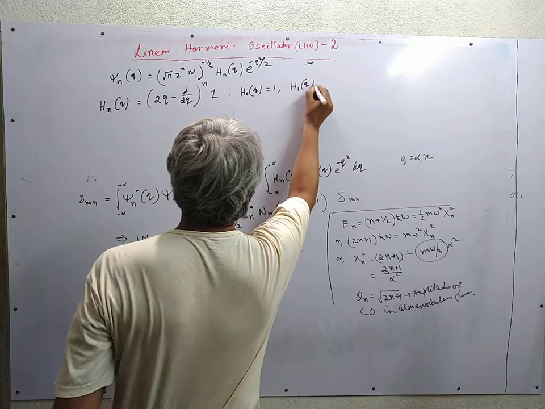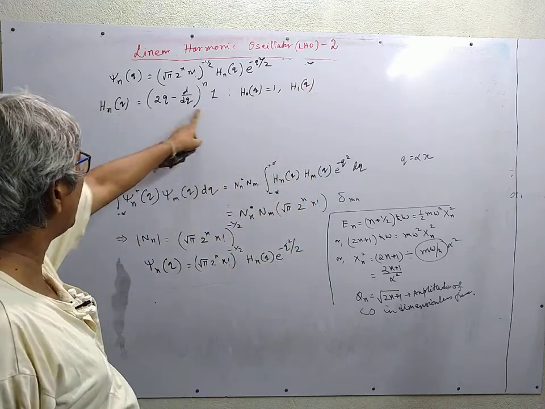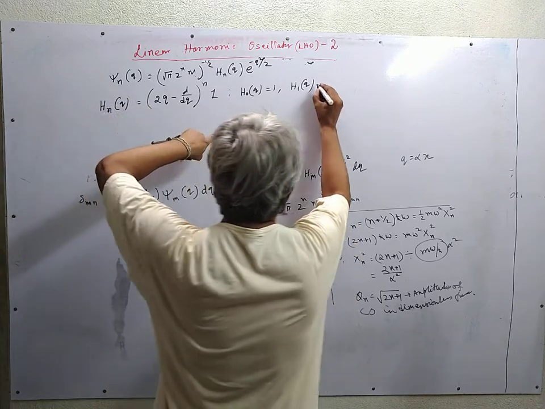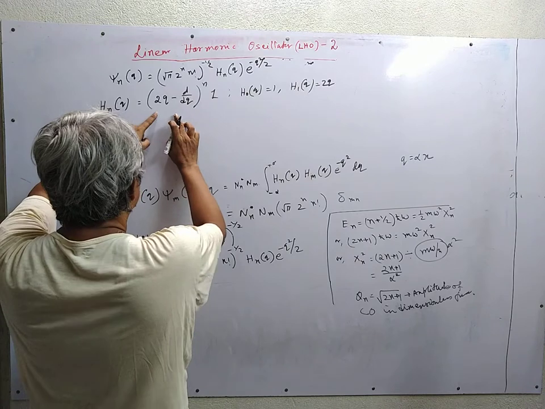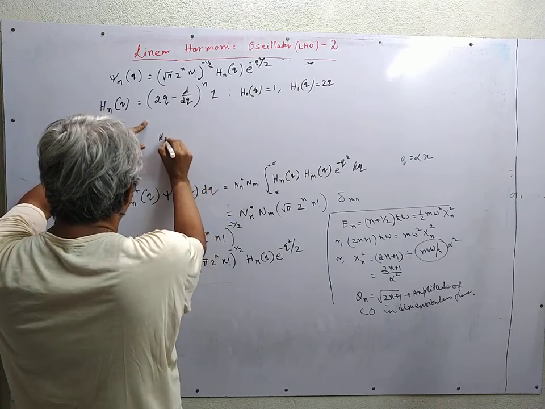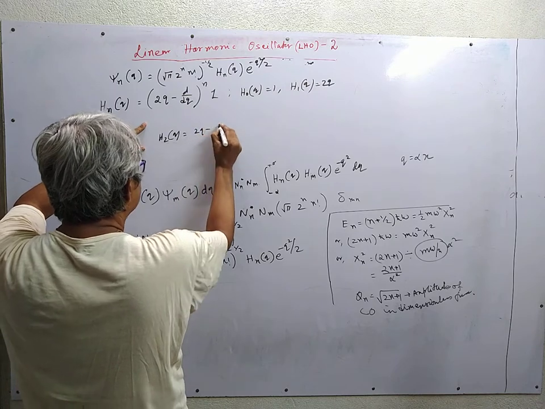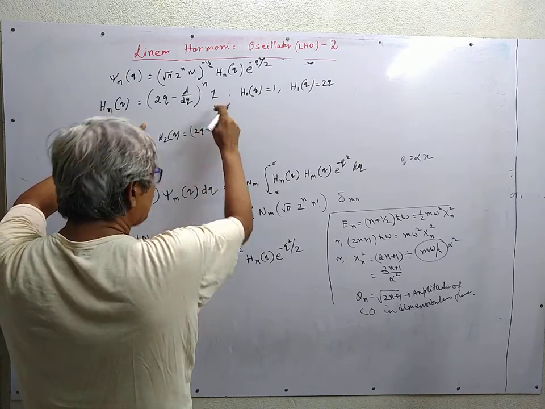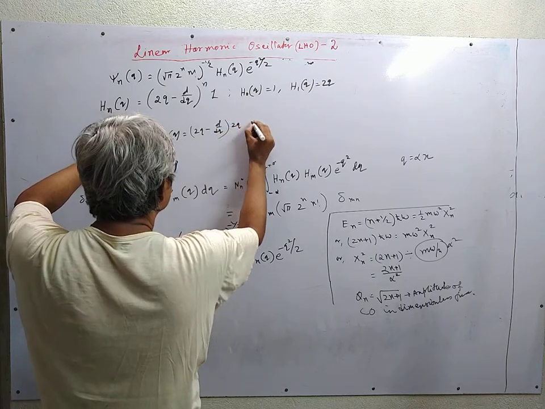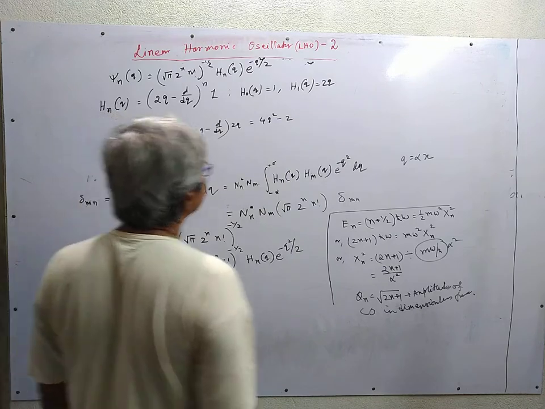H1 of q, if we put n equal to 1, is 2q. And if we want to get H2, then it is 2q minus d/dq operating on H1, that is 2q. So this is 4q square minus 2.